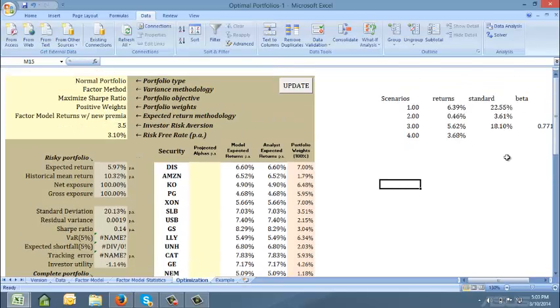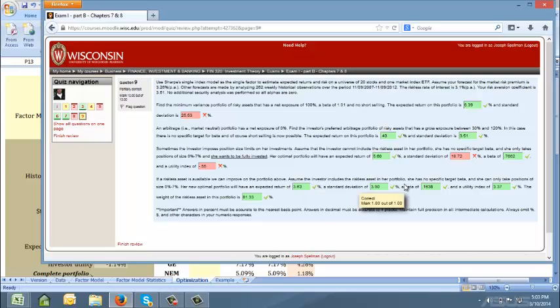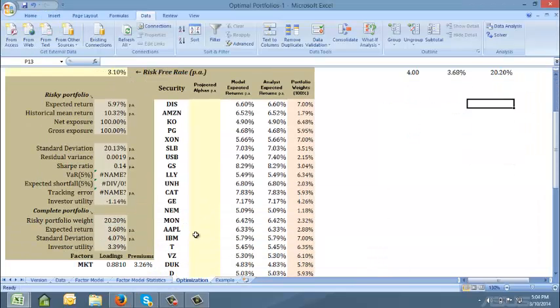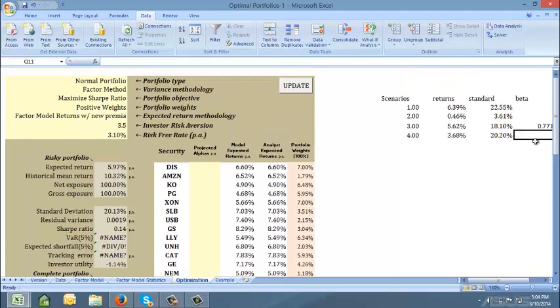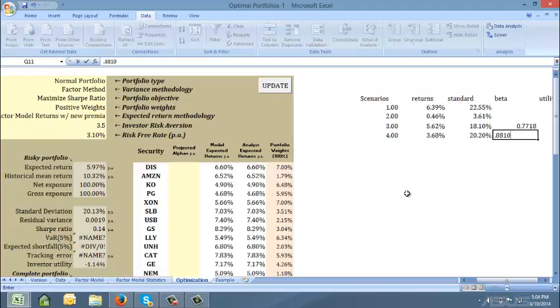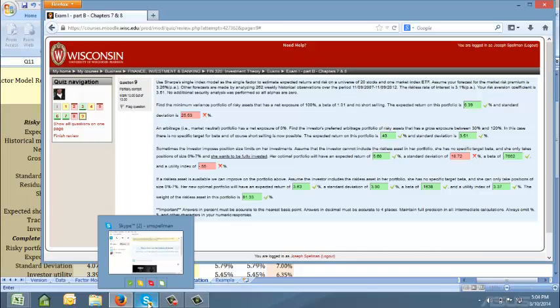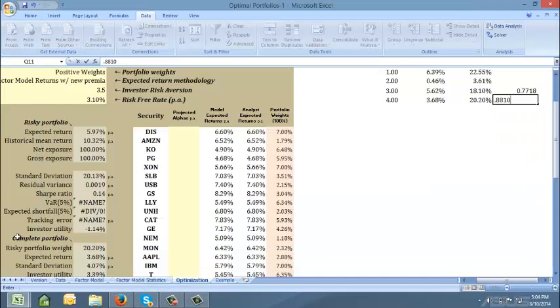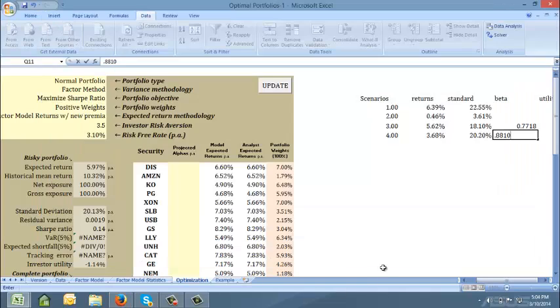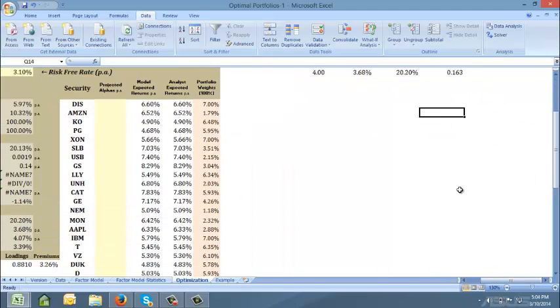standard deviation of 20.20, a beta of 0.8810, and a utility of 3.39%.